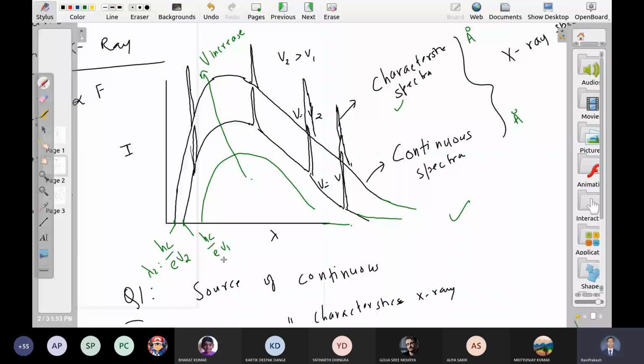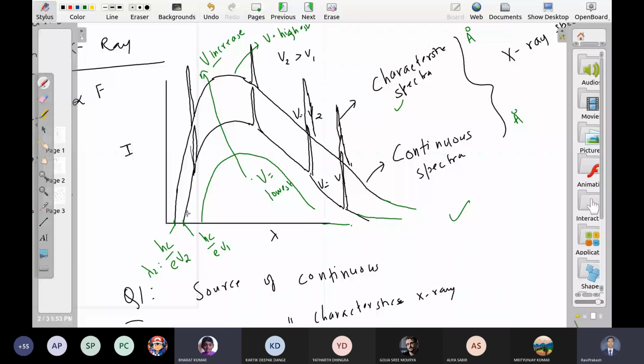If you apply lower potential, you will get lower energy X-rays, meaning higher wavelength. So this is V lowest, and that is why you are getting wavelength of higher value, and here V is highest, and therefore we are getting lower wavelengths.